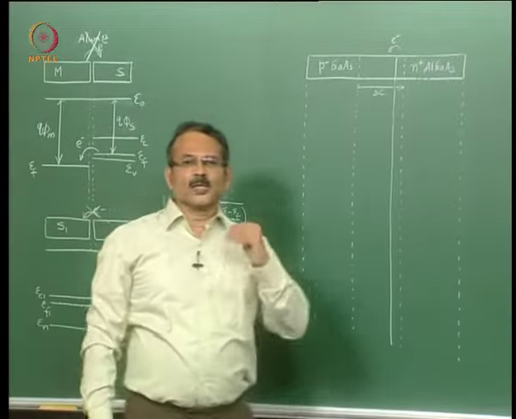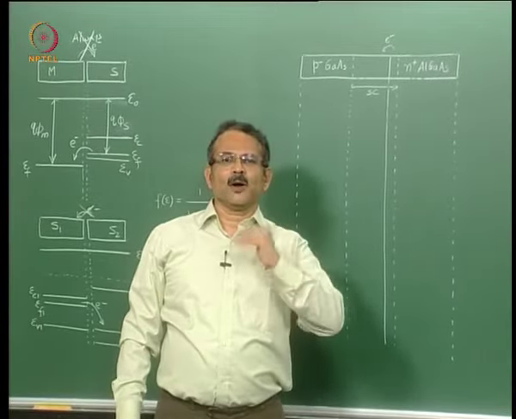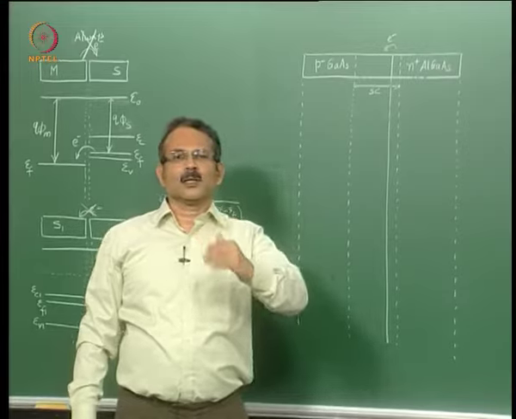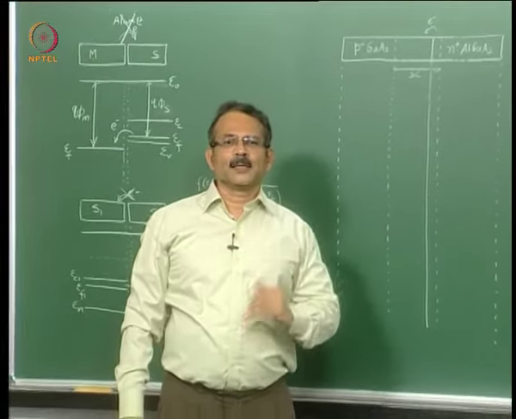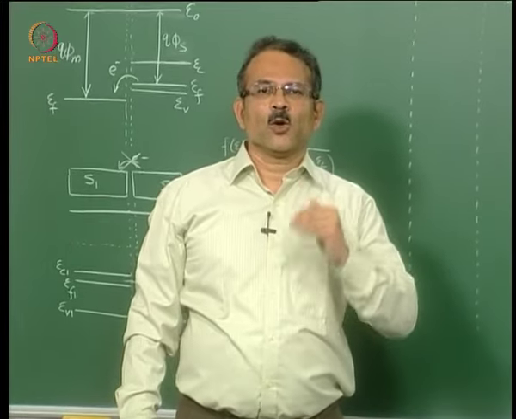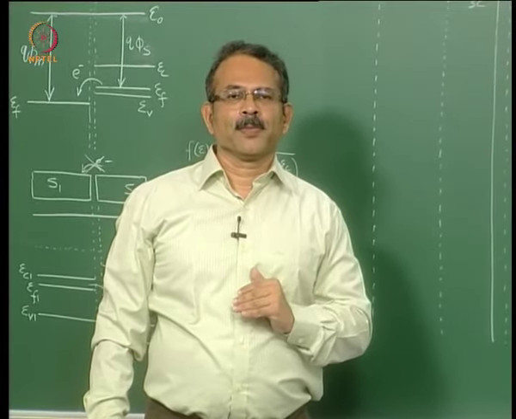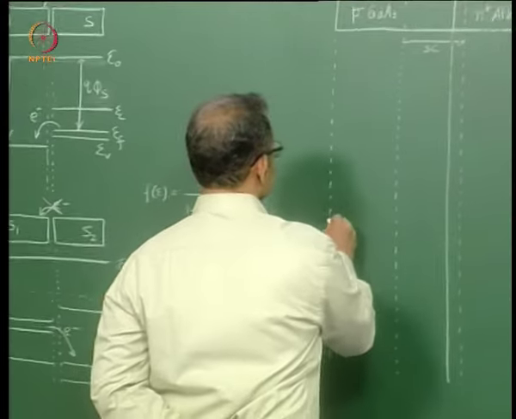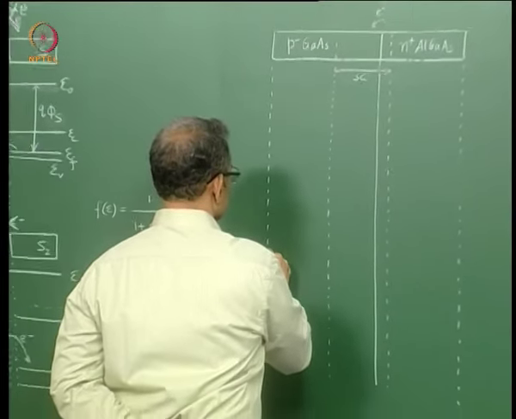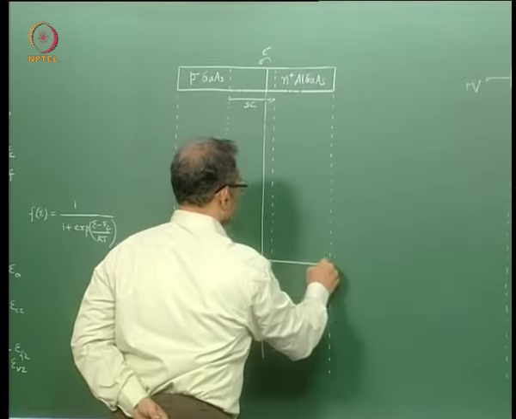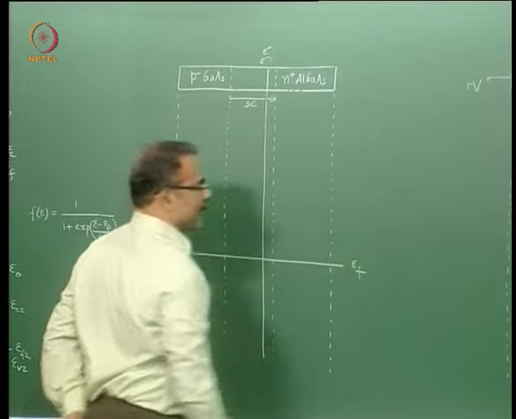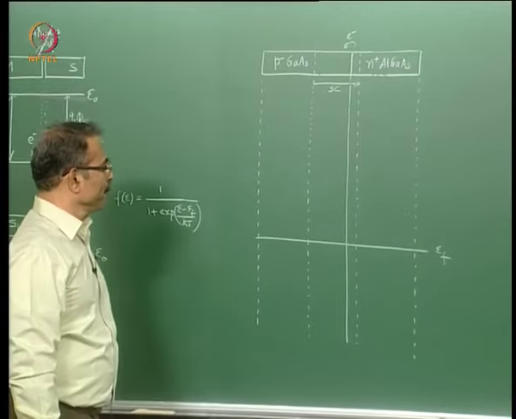The next step is to draw the various levels in the following sequence. So first we draw the Fermi level everywhere. Since this is an equilibrium condition, quasi Fermi levels for electrons and holes are the same as the Fermi level. So we draw the Fermi level as a constant line because it is equilibrium.